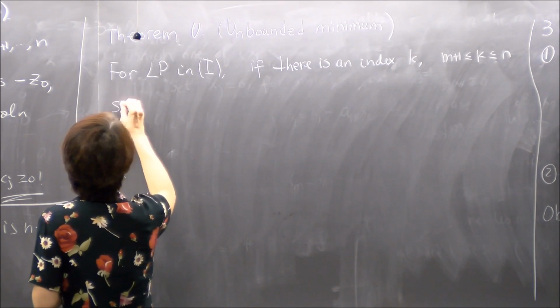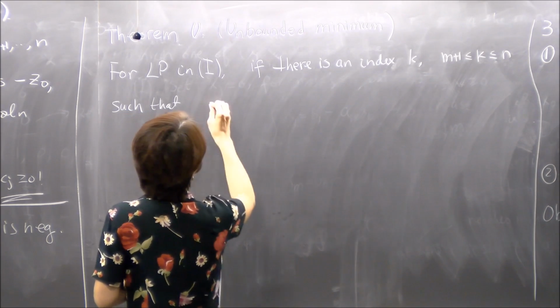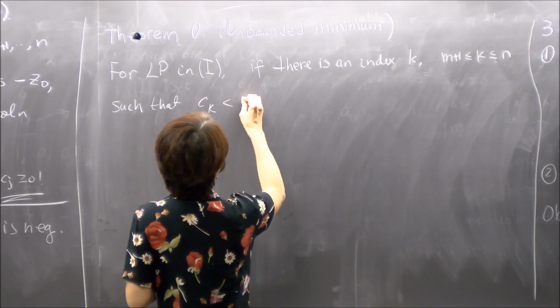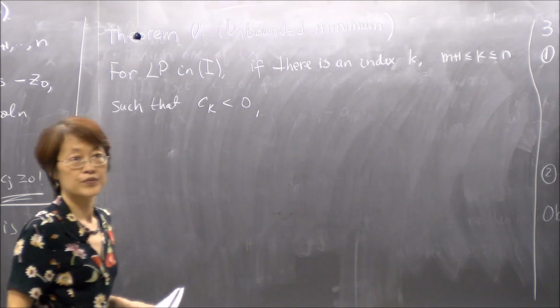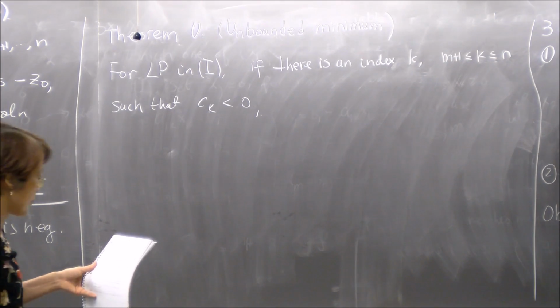And it's in the objective function, such that the c_k in front of x_k in the objective function is negative, then x_k is a candidate for us to bring into the basic variables.